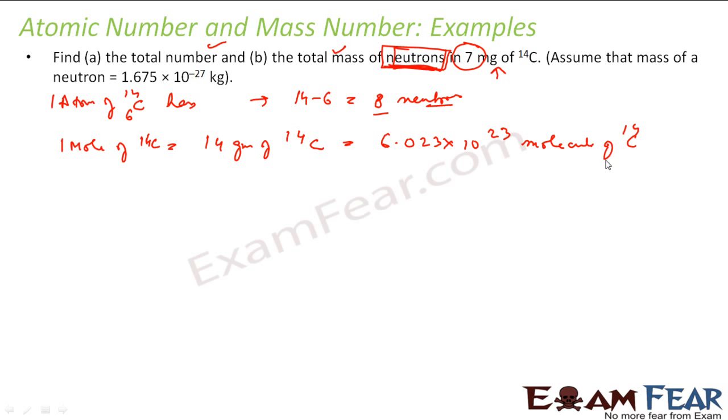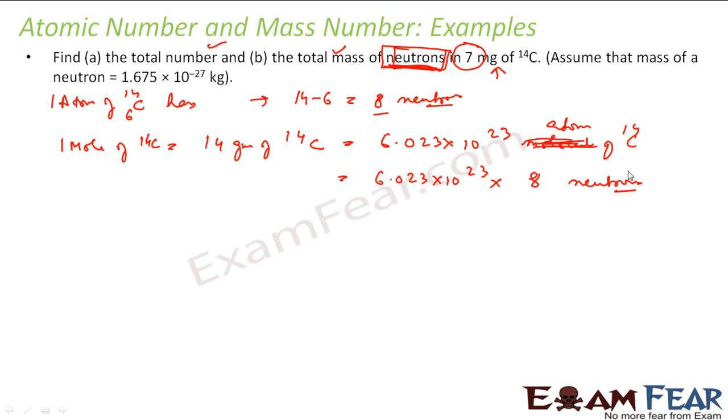And 1 atom of carbon has how many neutrons? 8 neutrons. That means my 14 grams of carbon will have 6.023 into 10 to the power 23 into 8 neutrons, correct?